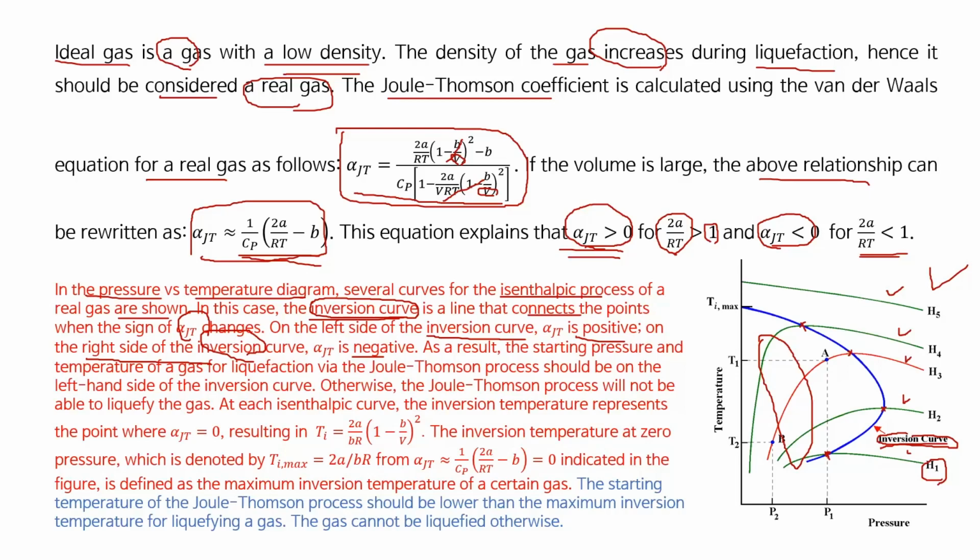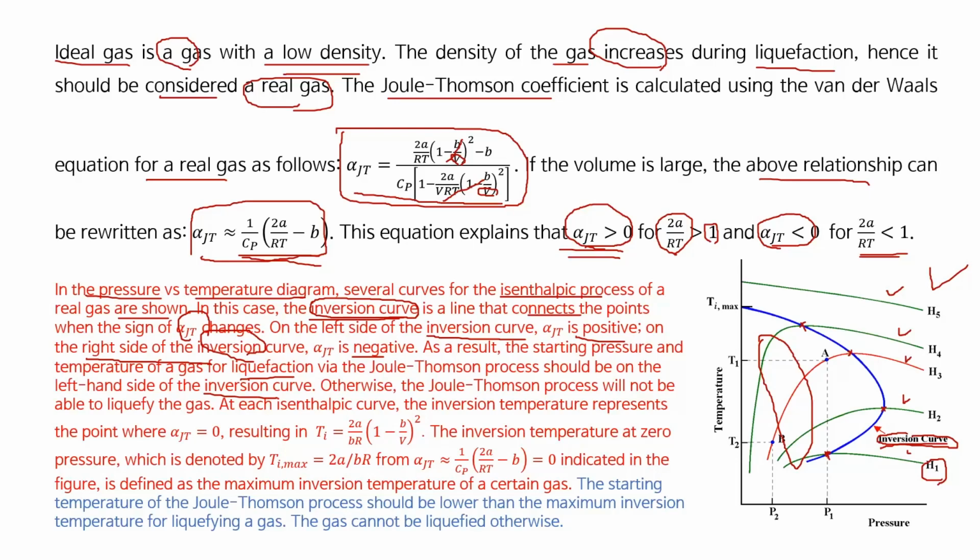As a result, the starting pressure and the temperature of gas for liquefaction via the Joule-Thomson process should be on the left-hand side of the inversion curve, because in this region alpha JT is positive, so we can have the cooling effect.